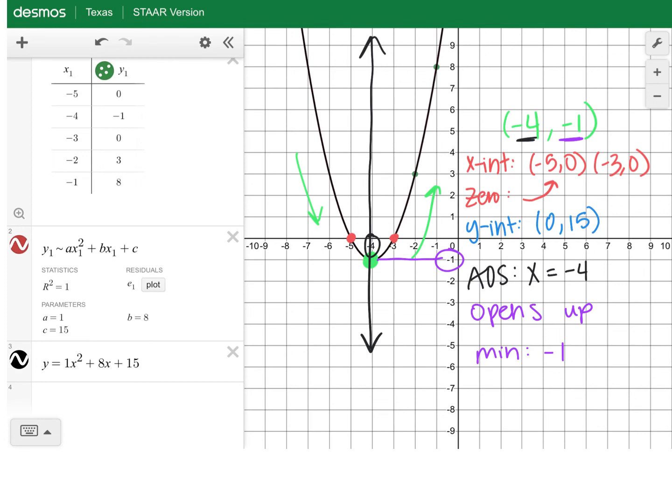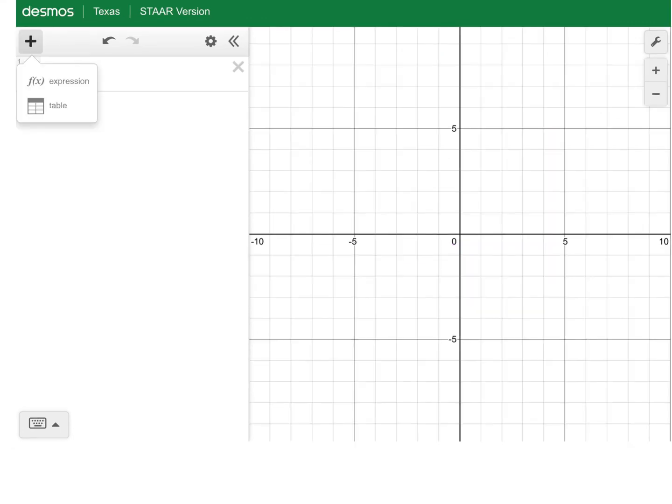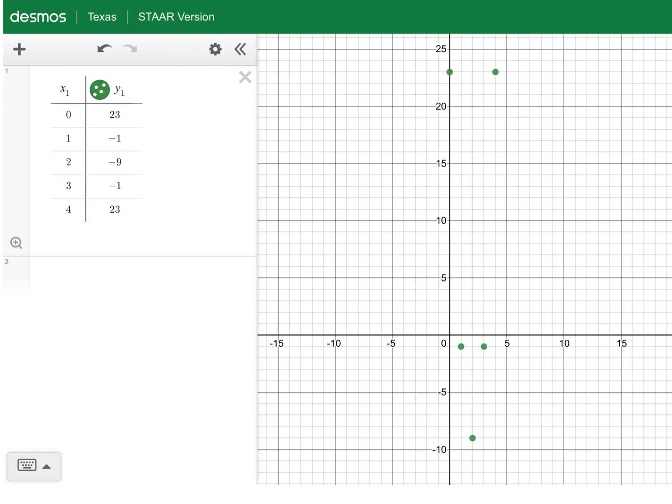Let's do this one last time with our last graph. All right, so with our last graph, we're going to again create a table here. And then you would type in the x and y values from the graph like I have here. Again, make sure that you have x1 and y1 at the top. Now we can put in the regression equation.